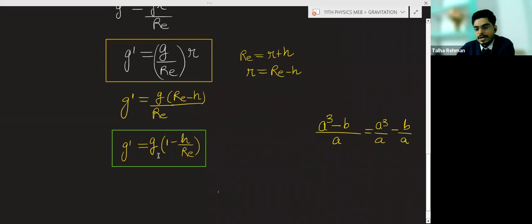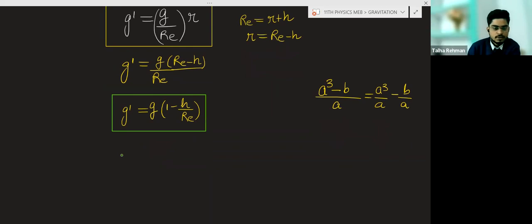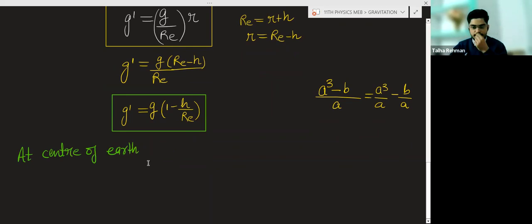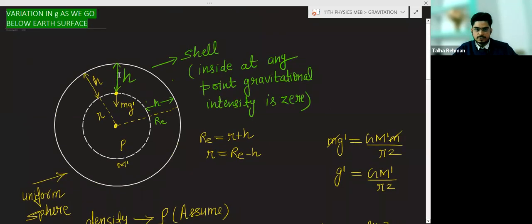Now at the center of the earth, we will see what is the value of g dash. Tell me what is the value of h at the center of the earth. This h is a variable quantity. H is not a constant quantity. We can go deep in earth, so h will change.